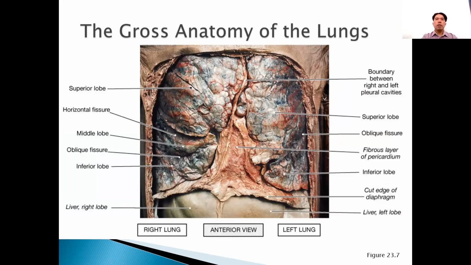You'd see that the lungs are placed in a coronal section. You'd see that from the front, the anterior chest wall has been removed for medical purposes, and you see here that the right lung and the left lung are situated on either side of our middle mediastinum, which contains the heart.